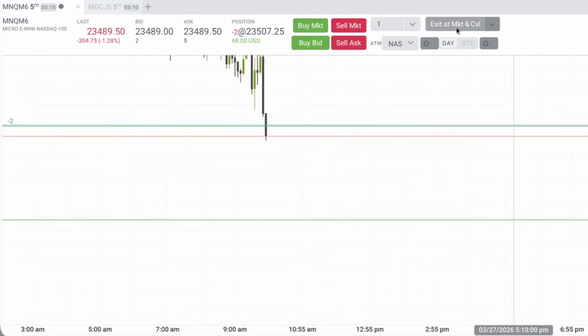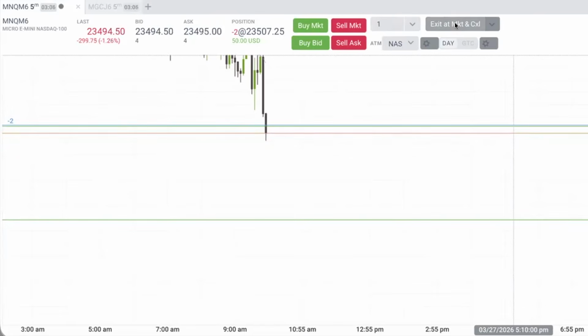And now I'm seeing it start to pull back some. Probably going to go ahead and exit the trade pretty soon.